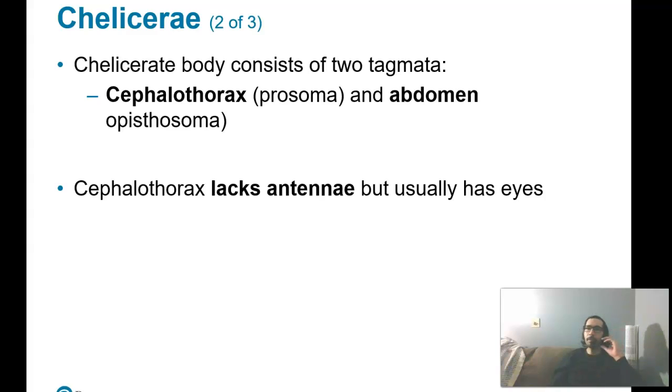They have the same function, but it's not a shared, derived characteristic that they got from an ancestral group. Also, the cephalothorax lacks antennae in chelicerates.